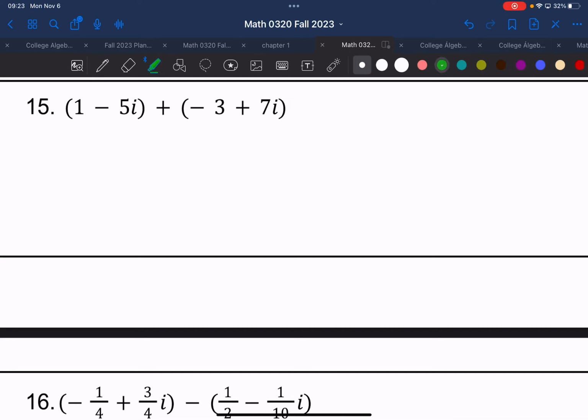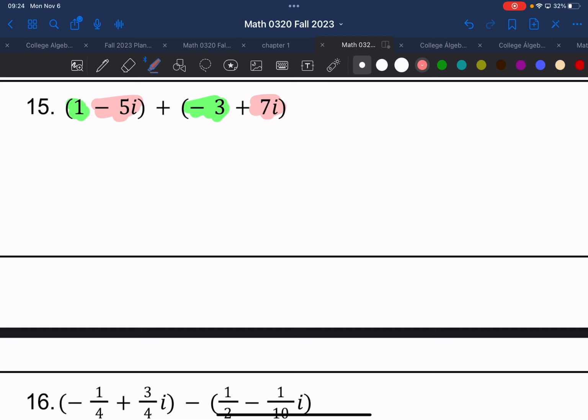So first, before we add, tell me which numbers in these 2 complex numbers are real. 1 and -3. Which parts of these numbers are imaginary?